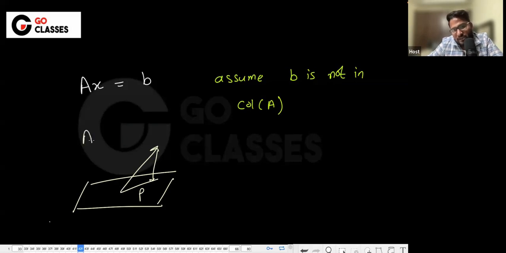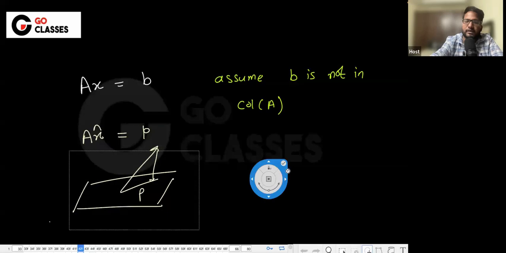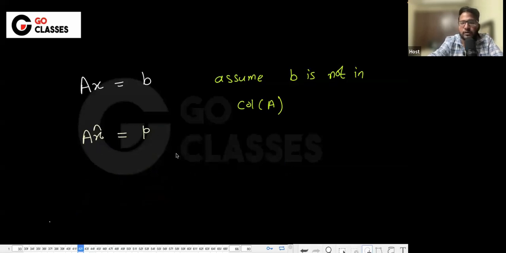Which means we will essentially be solving for A x hat equal to P. Right. So instead of solving Ax equal to B, we will be solving this. Is this fine to everyone?